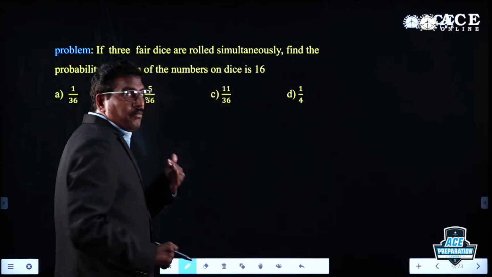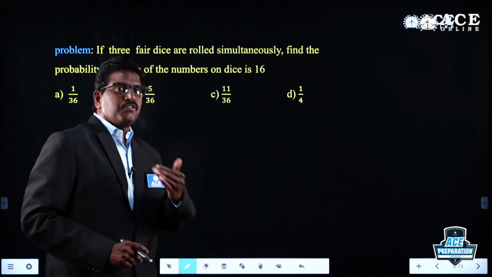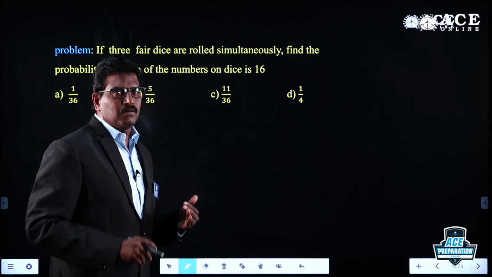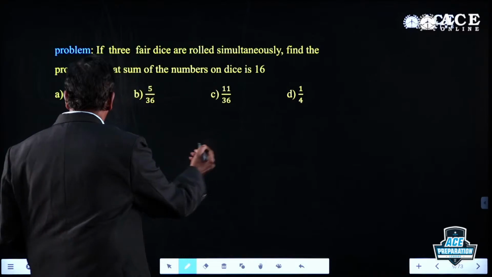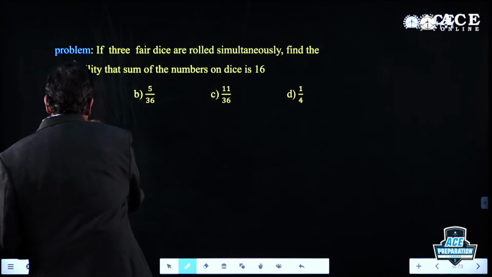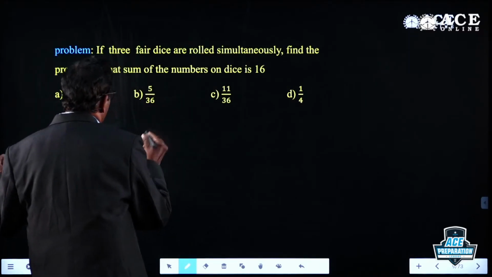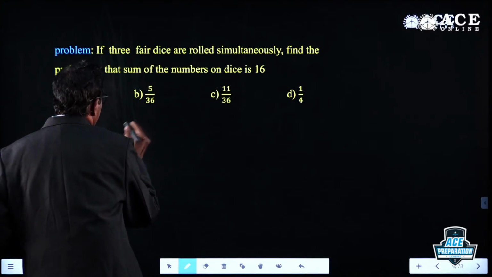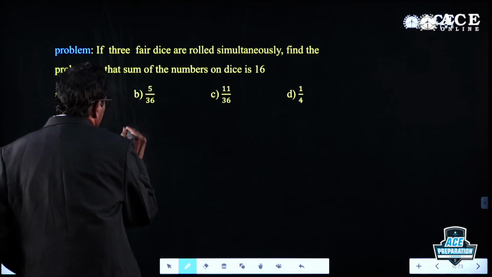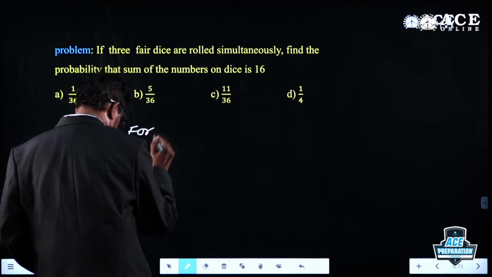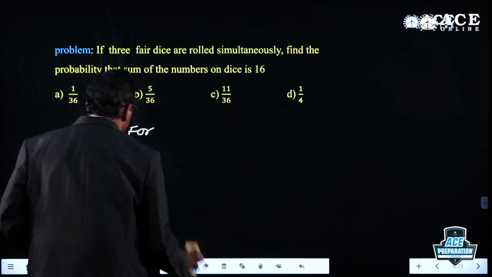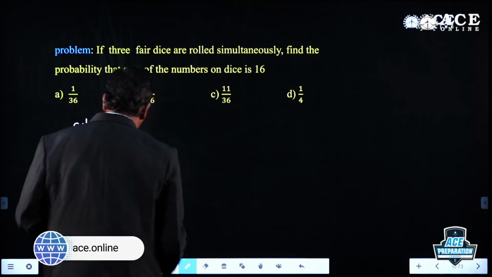Already I told you, whenever a problem is given to you, first you have to fix the denominator. What is n of S? First you have to fix it. Solution: this is a 3 dice problem. What is n of S here? N of S is nothing but 6 cube. For a single die, I will give you more clarity like this.